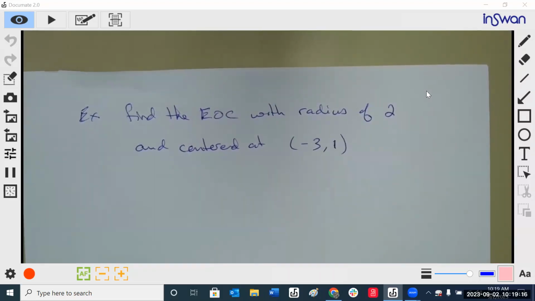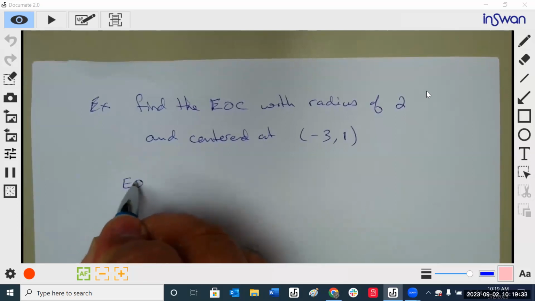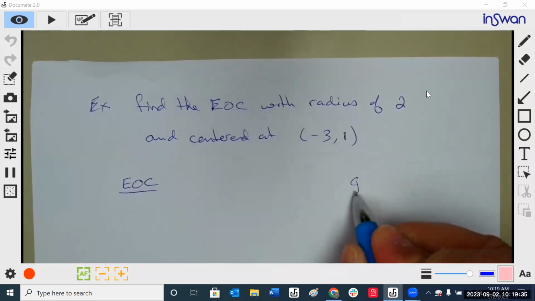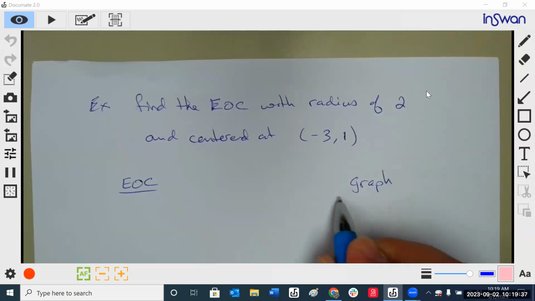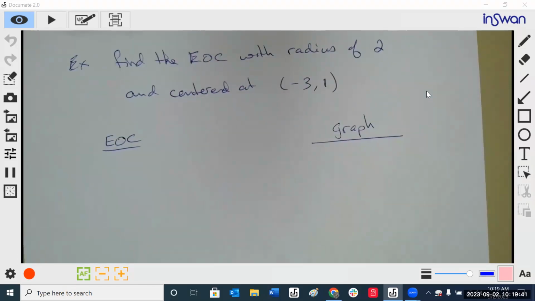Find the equation of the circle with radius 2 and centered at -3, 1. We'll go ahead and kill two birds with one stone because they go together.